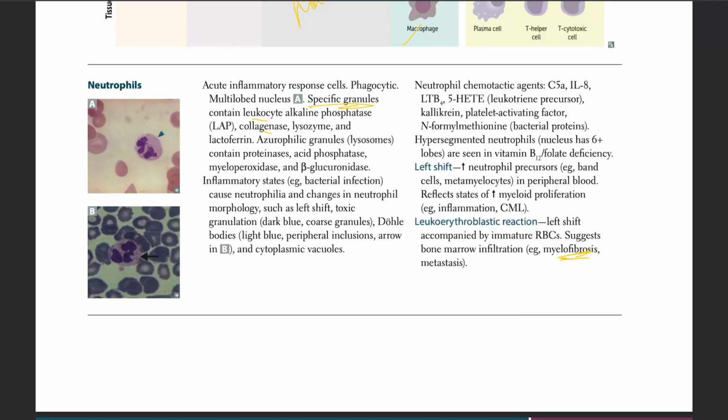Specific granules, first of all, they release some extracellular things that are going to kill something, whatever they're killing, bacteria, and they will fuse with the phagosome, and as soon as they fuse with the phagosome, you kill the pathogen within the phagosome.